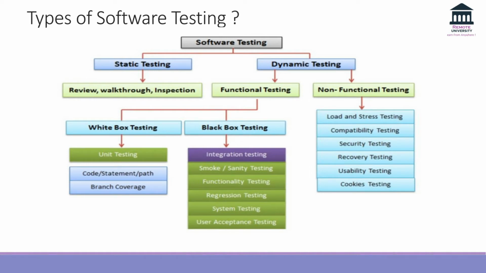It could be your internet connection, or it could be a situation where millions of users are using it, which puts load on the servers, because when so many users hit at the same time, obviously it's going to be loaded. So all those checks have to be performed before we roll out to the actual users.